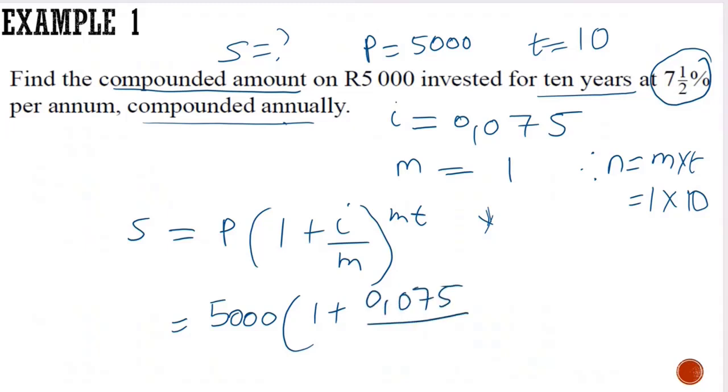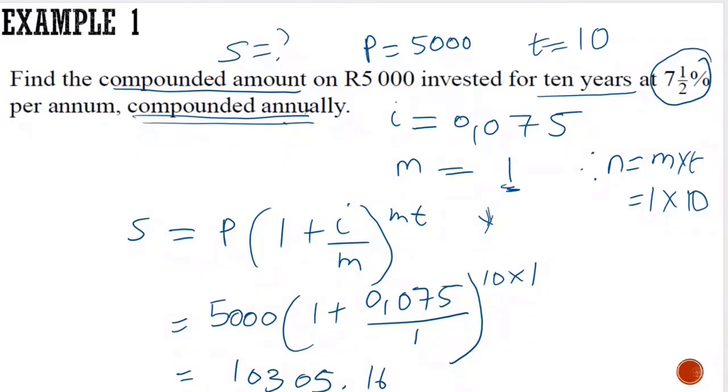You divide this by the number of compounding periods, because this is compounded annually, which means it's 1. So you've got 1 to the power of your MT, which is 10 multiplied by 1. So you can just plug this into your calculator, and then you would get the answer of 10305.16.